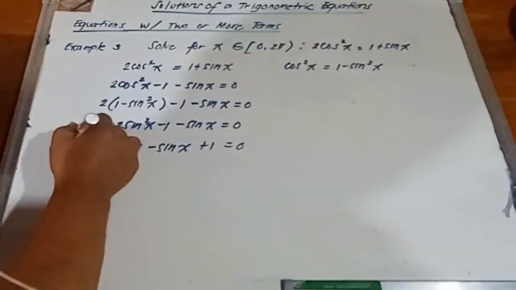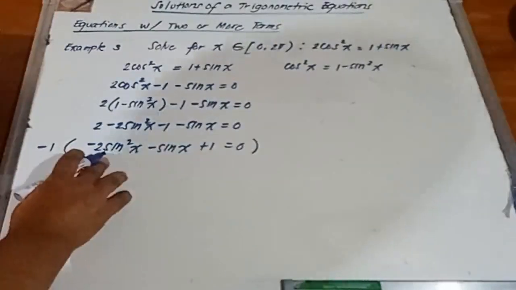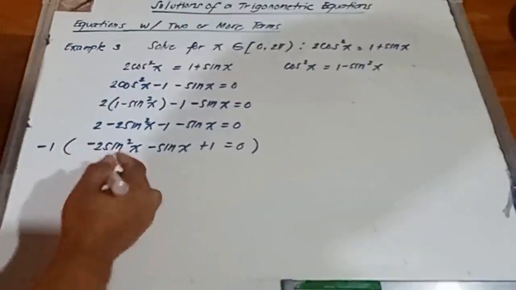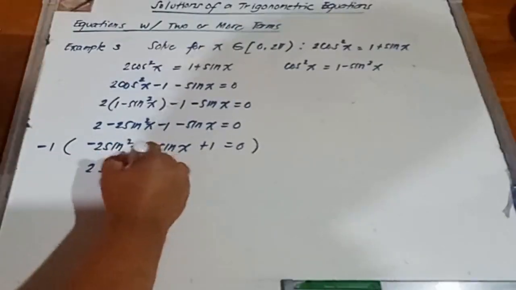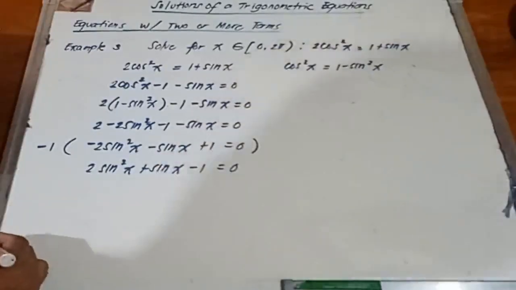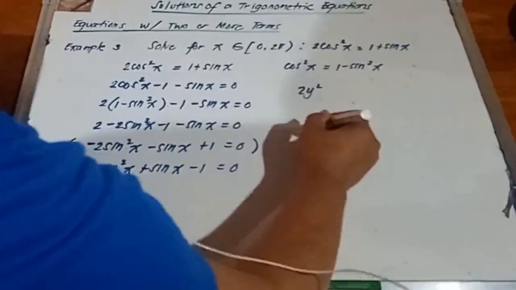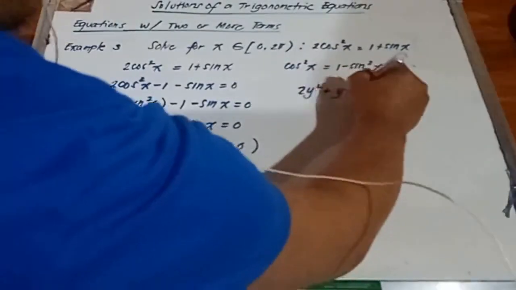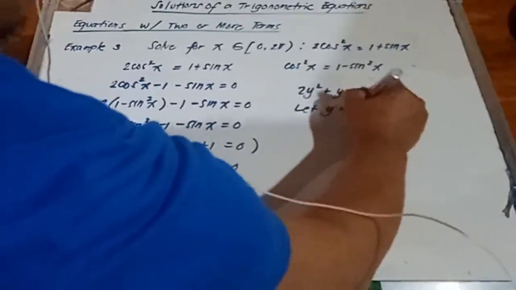Then, I'm going to multiply both sides by negative 1. Okay? Para maging positive yung ating sine function. So, we have 2 sine squared x plus sine x minus 1 equal to 0. By factoring, okay, this is in the form of 2y squared plus y minus 1 equal to 0 if we let y equal to sine x.